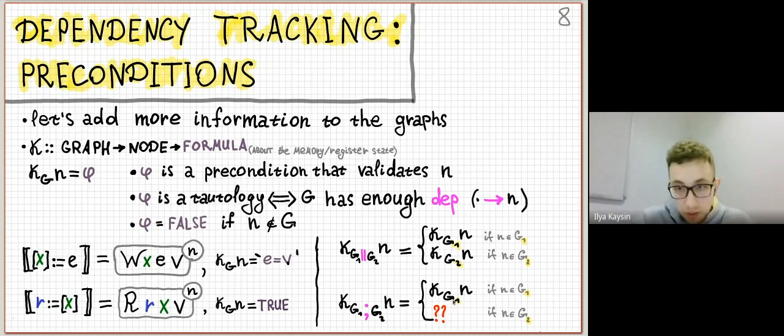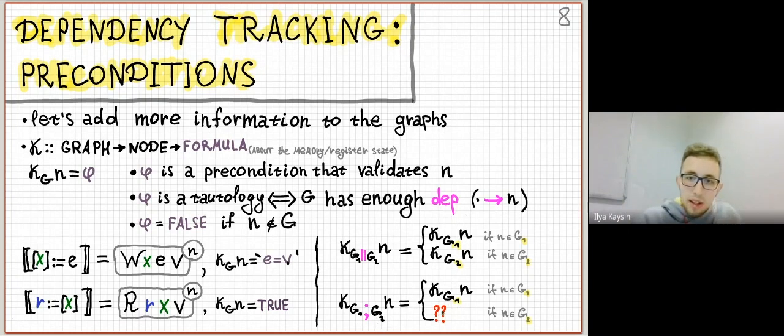Roughly this is because precondition is a formula that must hold in the beginning of the execution to validate the node. And the beginning of the new execution, G1 semicolon G2, is the same as the beginning of the execution of G1. So this is roughly why we can preserve the old precondition. But what should we do for the nodes from the second graph?